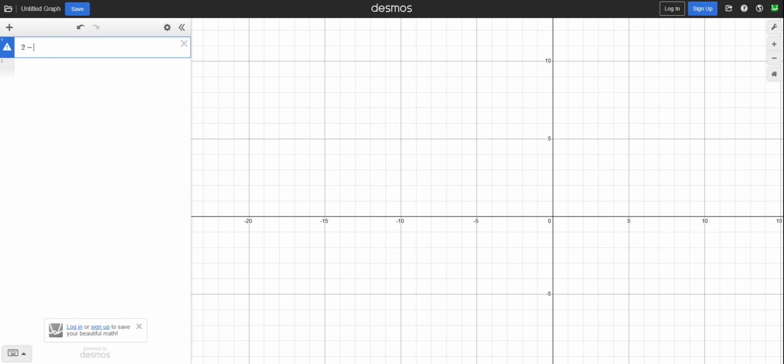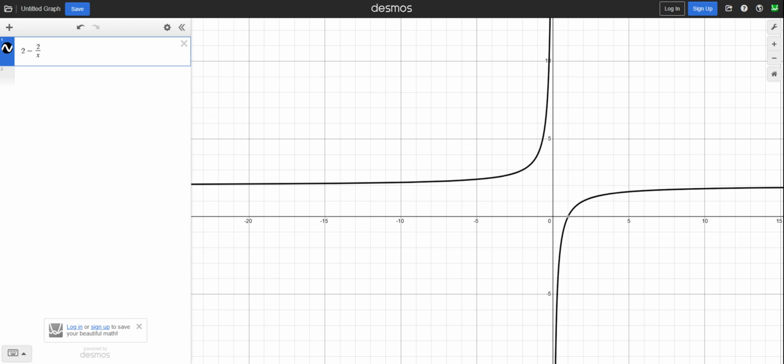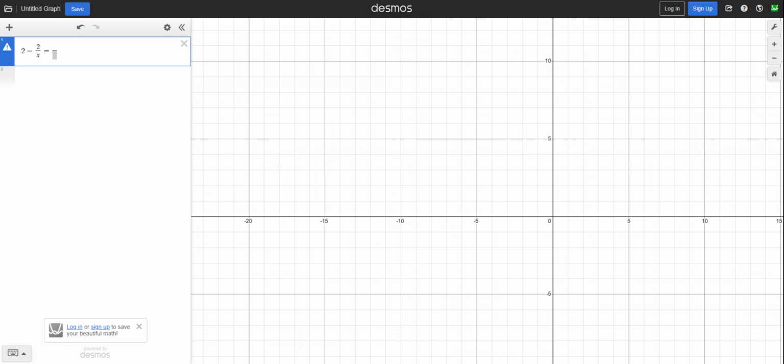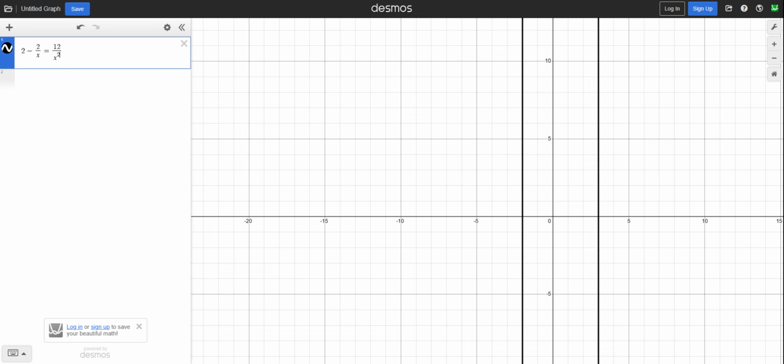So 2 minus fraction key. 2, arrow down, x. Arrow to the right, equals fraction key. 12, arrow down, x. Shift 6 square. Now it's not giving us the answer, so hit enter, y equals 0.